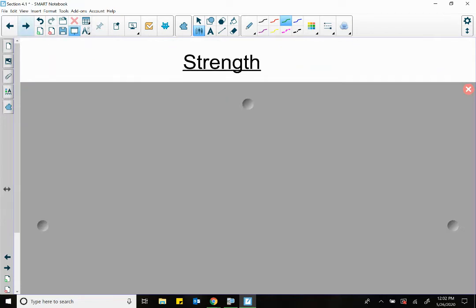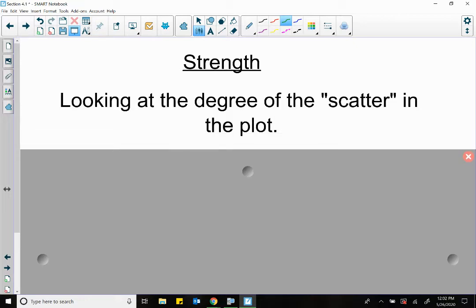Strength. Okay? We have a whole section on strength. So we're just going to talk in general right here because section 4.2 is all about strength. All right? But right now I'm just going to give you the overview. So the strength, what you want to look at is the degree of the scatter in the plot. Okay? The degree of the scatter in the plot.